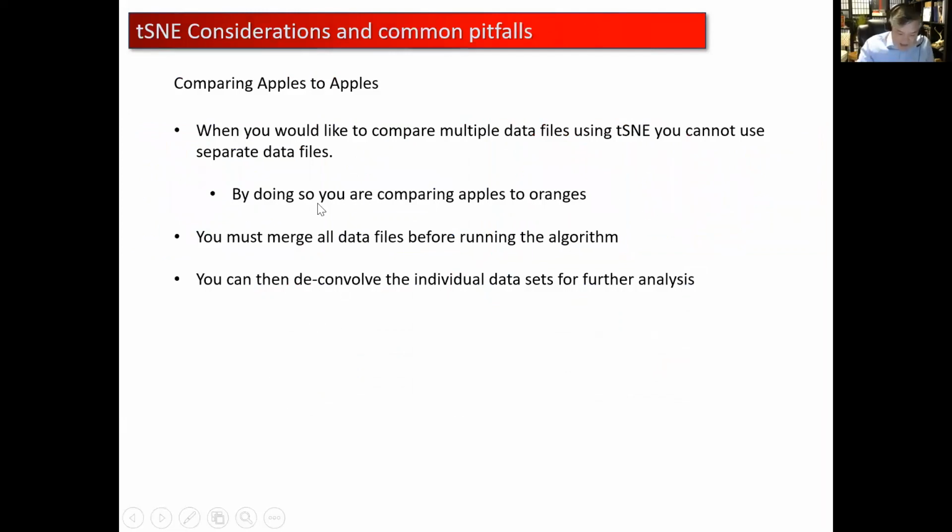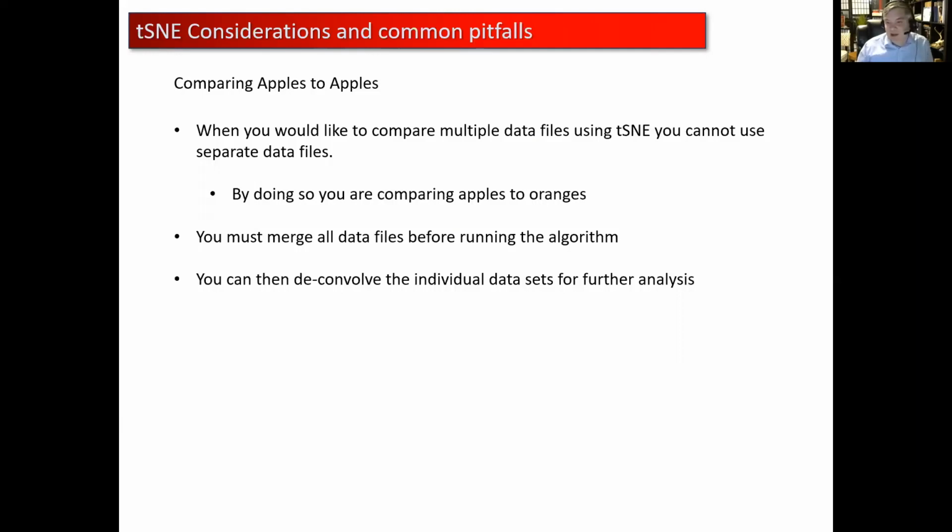Now, another consideration that I hear all the time, and this is one of those problems that folks write to us in support about all the time, is that you have to compare apples to apples. What that means is if you want to compare multiple data files using t-SNE, you cannot run a t-SNE on sample 1 and then run the same t-SNE on sample 2, and then compare the t-SNE charts for sample 1 and sample 2 side by side.